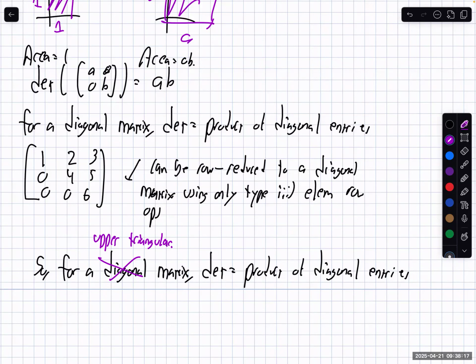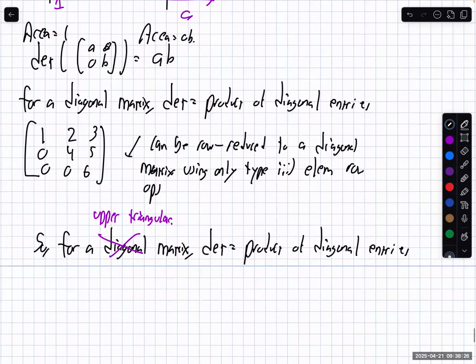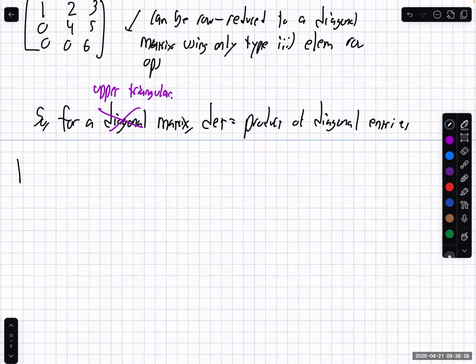So I'm going to do 2 of these. What's that? So this sort of triangular is like the numbers are on the top and the zeros are on the bottom. Yes.